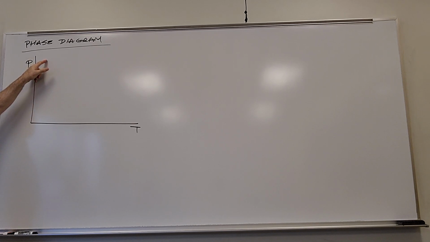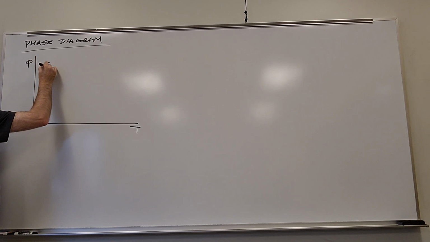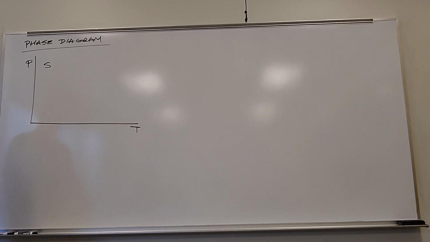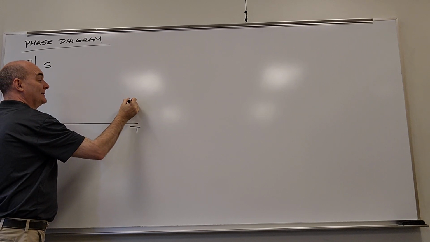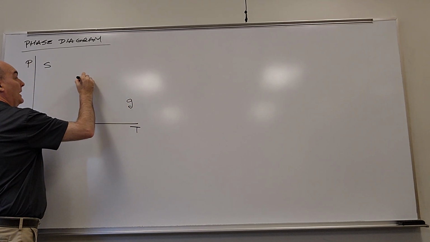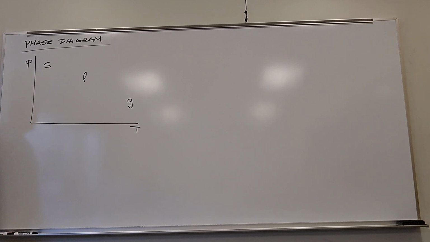When temperatures are low and pressures are high, solid. So we're looking at solids being somewhere in this zone, and when pressures are low and temperatures are high, gases exist somewhere here, and that means that liquids exist somewhere in between.